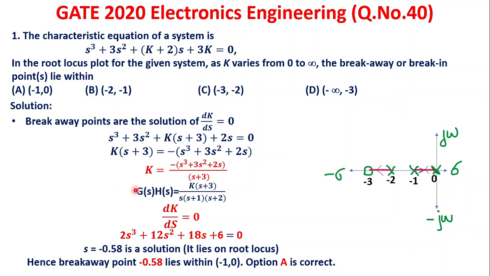Why? Because 1 plus g of s h of s equal to 0. That is s into (s plus 1) into (s plus 2) plus k into (s plus 3) equal to 0. So if we simplify this, we will get 1 plus g of s h of s equal to 0. Therefore, writing g of s h of s from k is very simple. Just reverse this, minus sign, you make it positive. That's all.